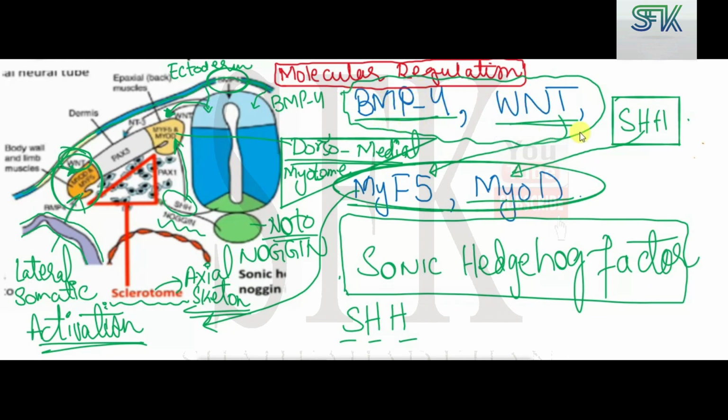The five major proteins responsible for the activation are the BMP4, the Vent, and the sonic hedgehog. All these three interact together and activate the two final proteins, MYF5 and MyoD. These two final proteins then lead to the activation of the muscle development pathways. But remember, sonic hedgehog does not activate the ventrolateral aspect. It only activates the dorsomedial myotome.